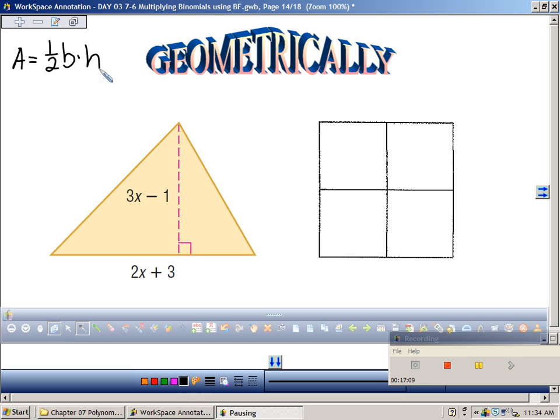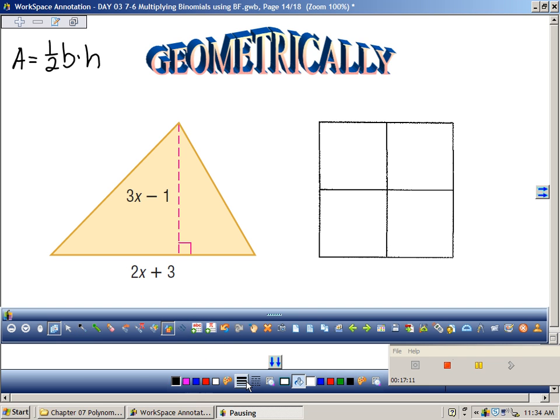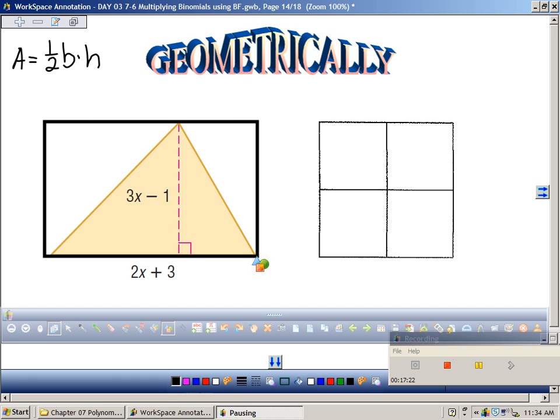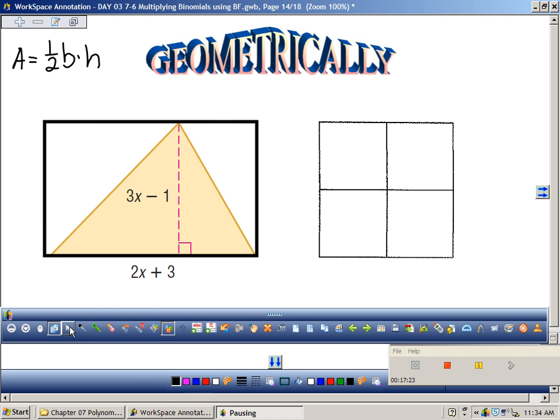If you forget the area of a triangle, you can just look at it this way. This triangle right here, that side would fill in that right there, and that triangle right there would fill in that.